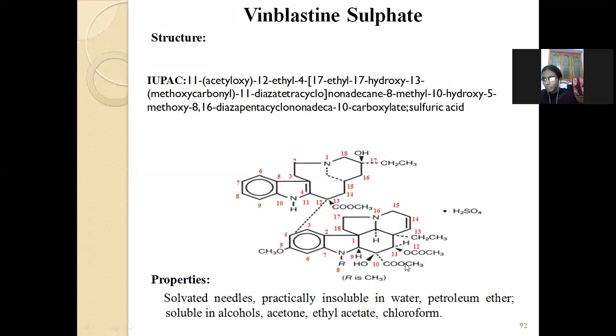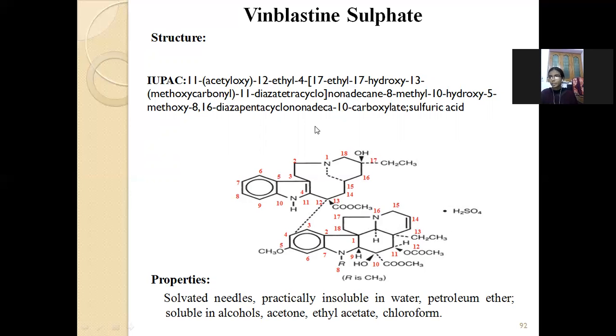In the 11th position acetyloxy, in the 12th position ethyl, and in the 4th position this group is attached. How many ring structures are there? 5. So pentacyclo, with 10th position carboxylate sulfuric acid.